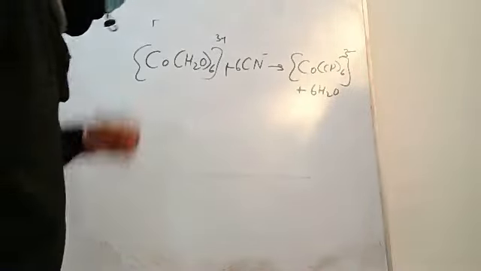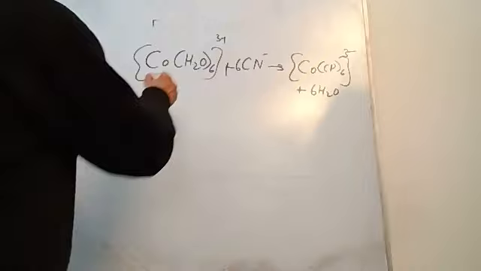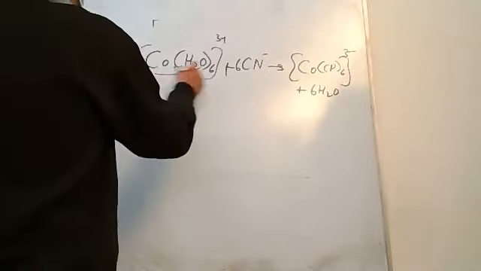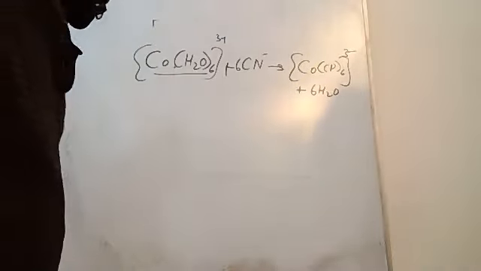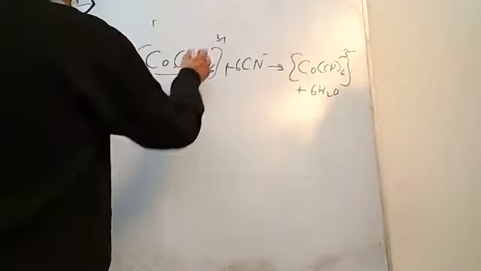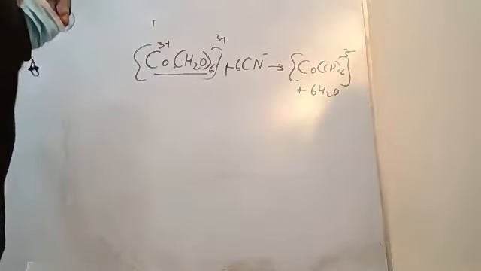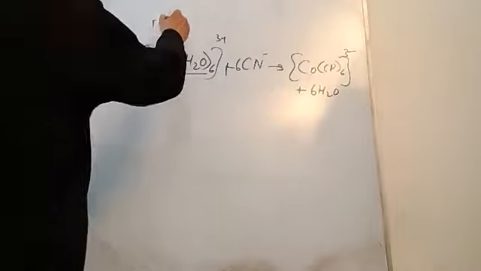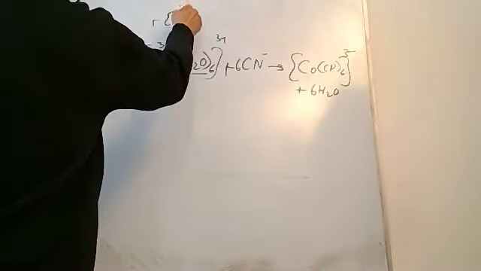The reason for that is, if you look at the electronic configuration of Co(H2O)6 3+, cobalt is 3+ here. Cobalt 3+ is argon 3d6.